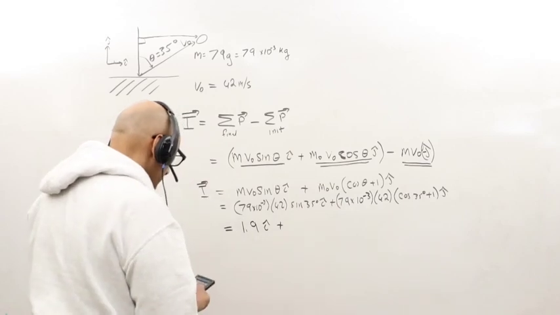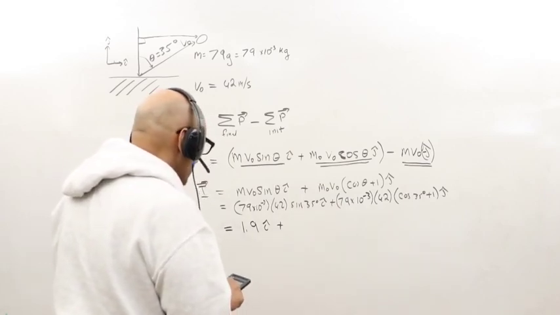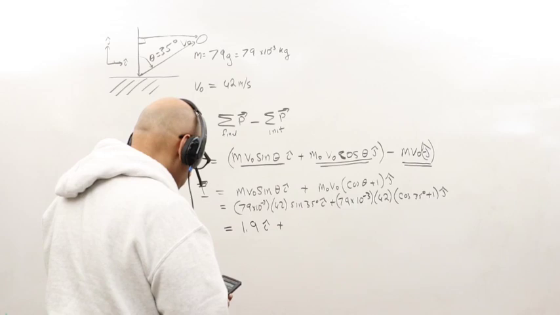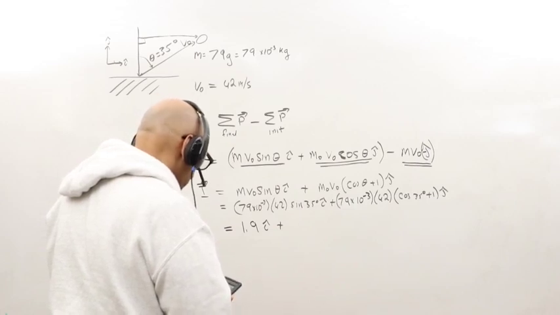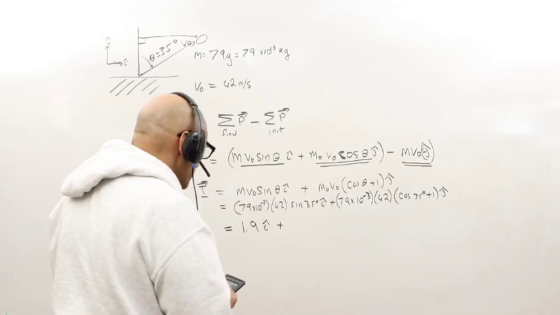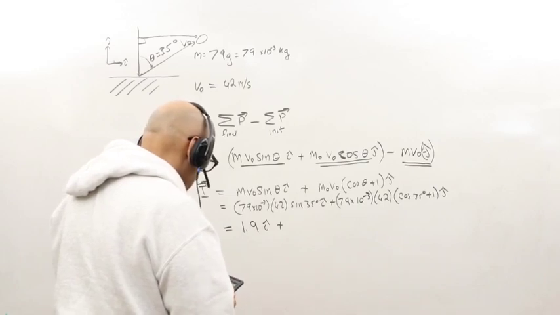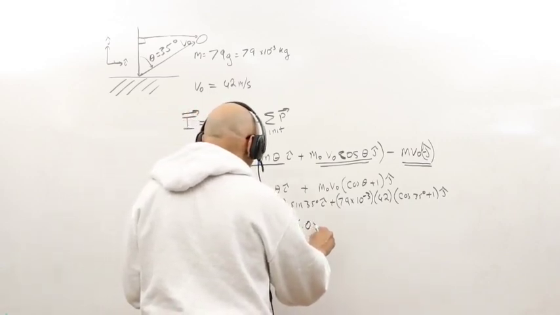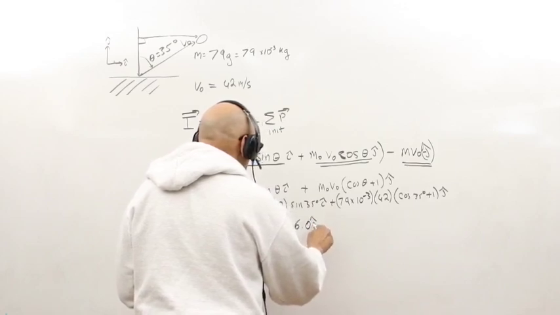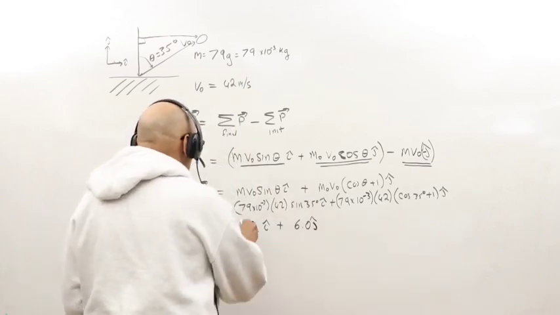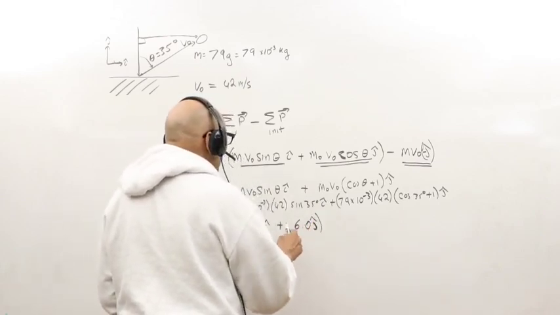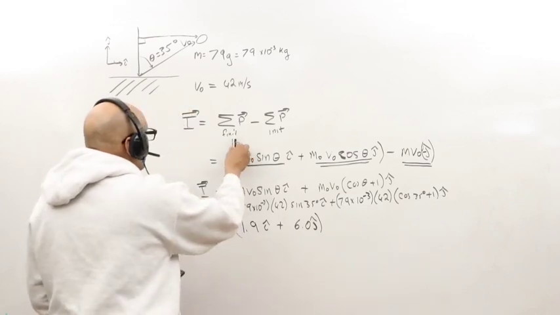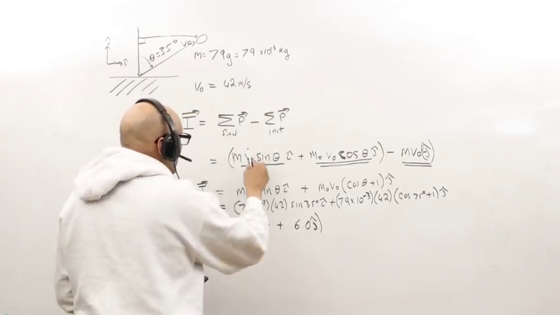Plus, let's do the j component: 79 times 10 to the minus 3 multiplied by 42 multiplied by parentheses cosine 35 plus 1 close parentheses equals 6.0, and the impulse is in momentum units, which is kilogram meters per second.